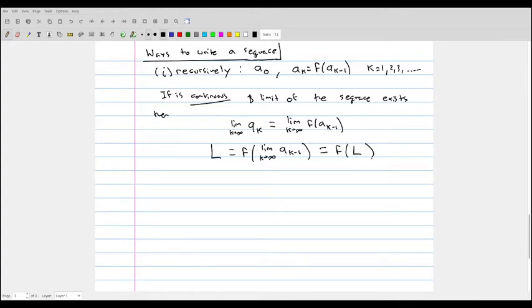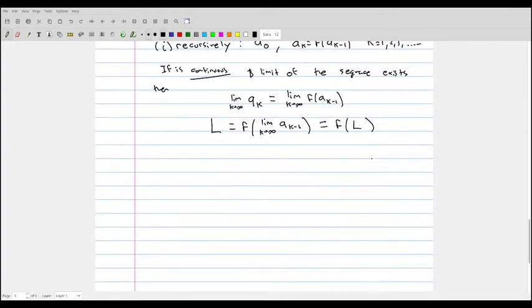Because the limit as k goes to infinity of a_{k-1} has to be the same thing as the limit as k goes to infinity of a_k, of the original sequence. So we get the equation that L is equal to f of L, which is in general a nonlinear equation, but if you can solve that nonlinear equation for L, you'll have the solution to all possible limits of the sequence.